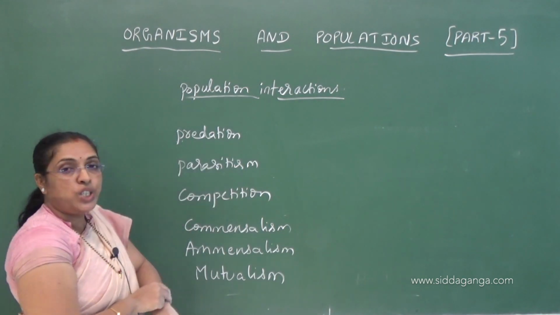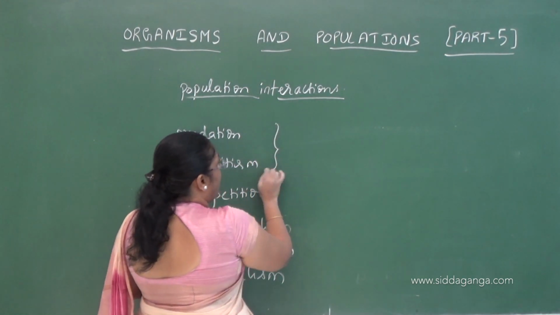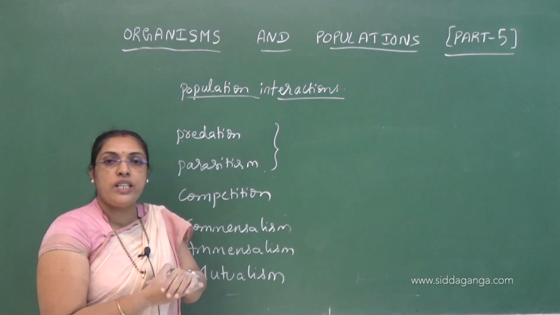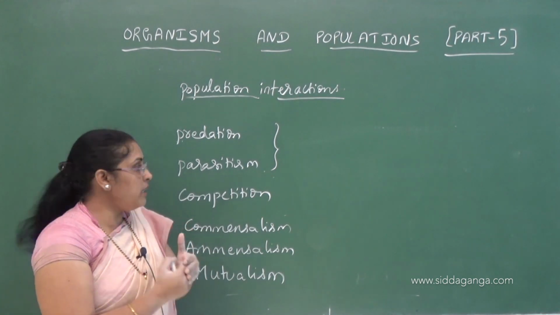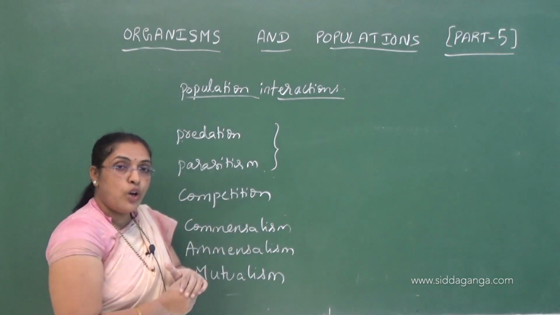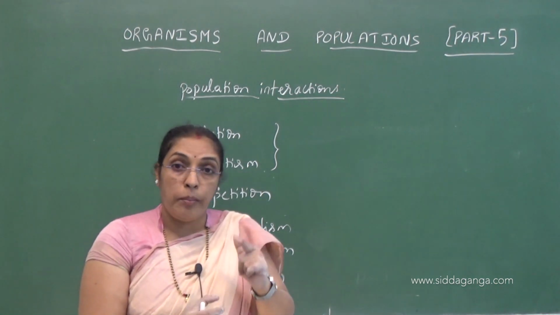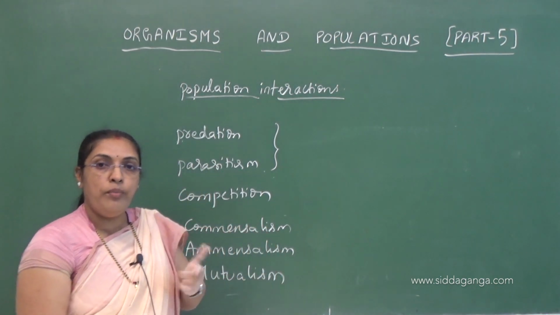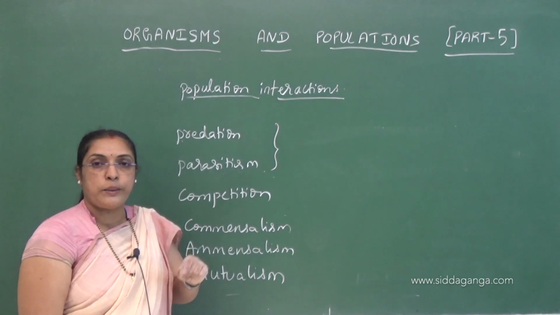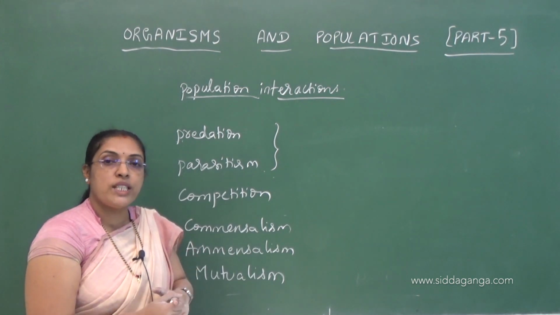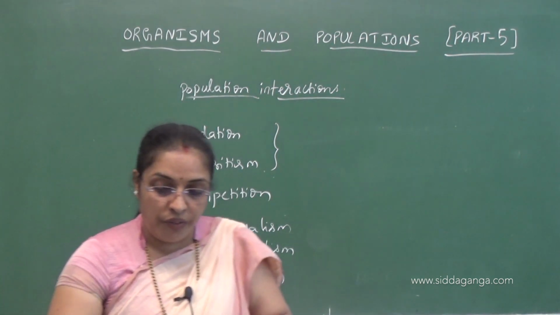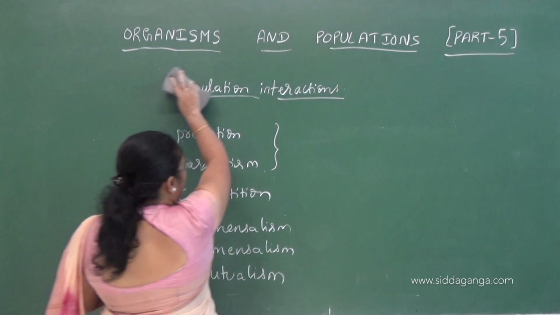In predation and parasitism, one species is benefited, the other is harmed or killed. Competition, both species are harmed. In commensalism, one is benefited, the other neither harmed nor benefited. In amensalism, one is harmed, the other neither harmed nor benefited. And mutualism, both species are benefited. That we will discuss in our next classes.